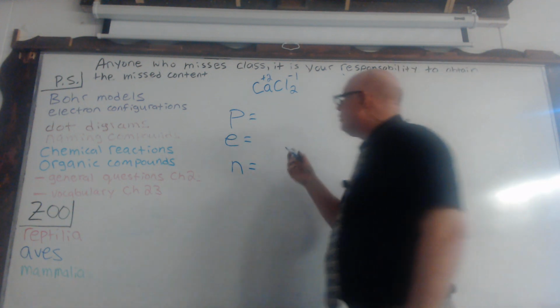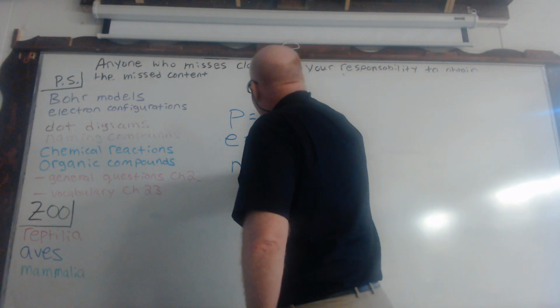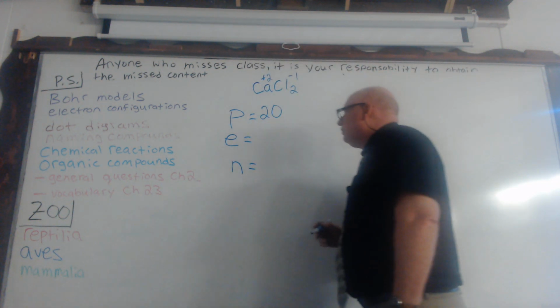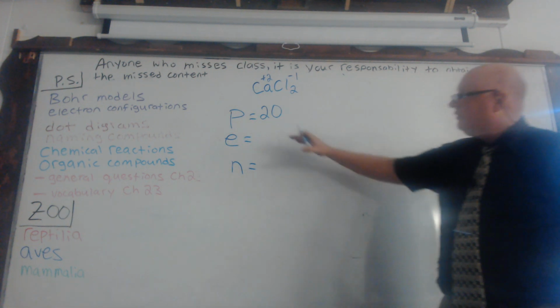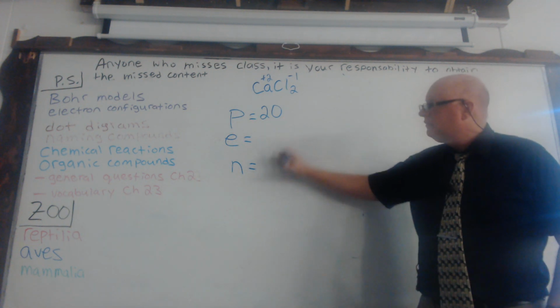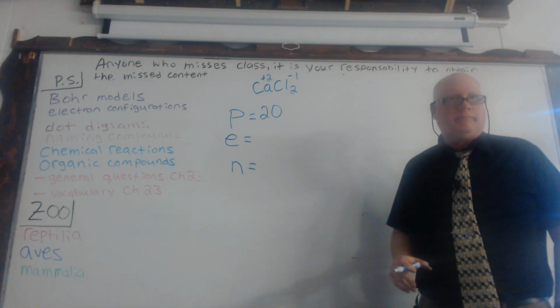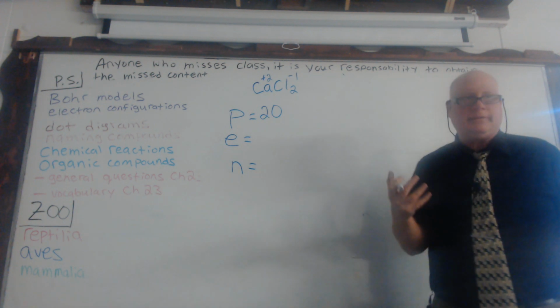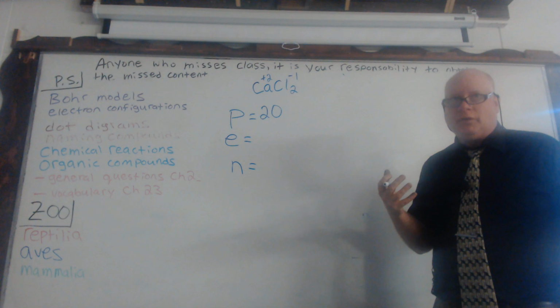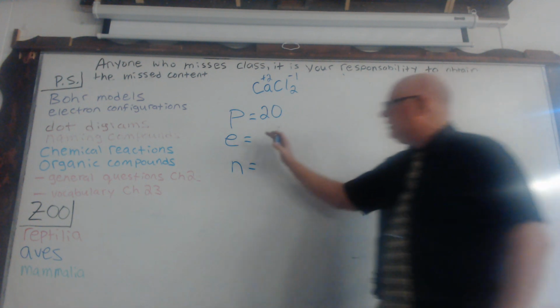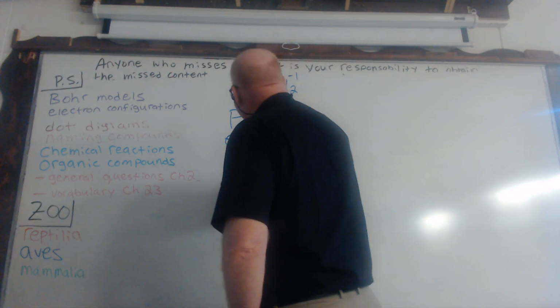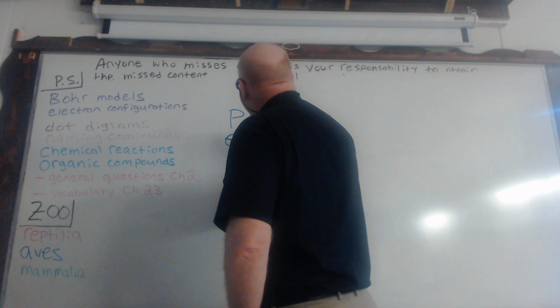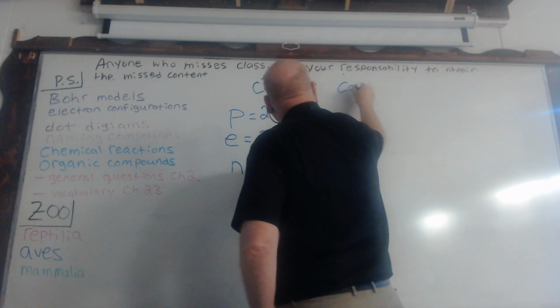That gives you the number of protons. Okay? So if it is neutral, which one of these do we know we can write in? If it's neutral, it means the positive charges must balance out the negative charges. So the electrons have negative charges, so that has to be 20. So then in this case, you would have to have this information.